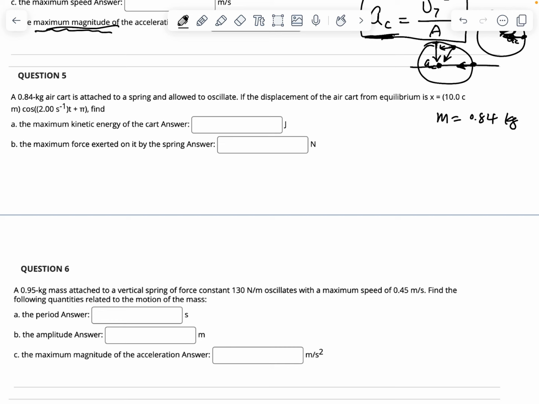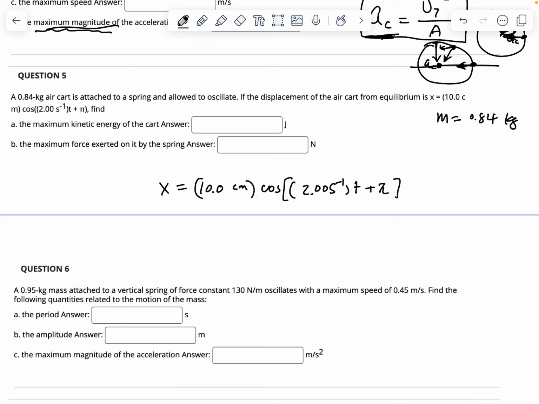The displacement of the air cart from equilibrium is this: 10.0 centimeters times cosine of (2.0 per second times t plus pi).